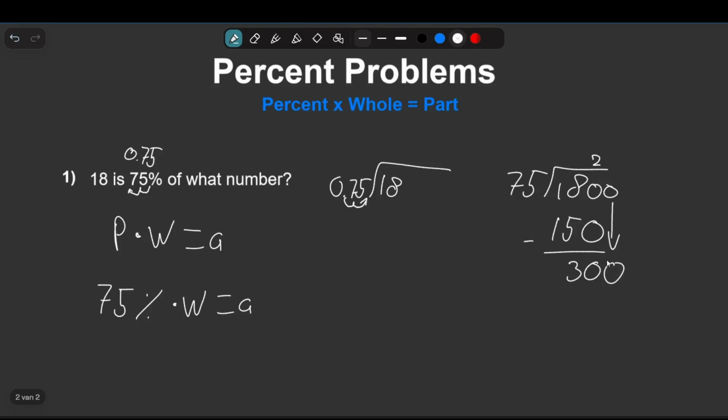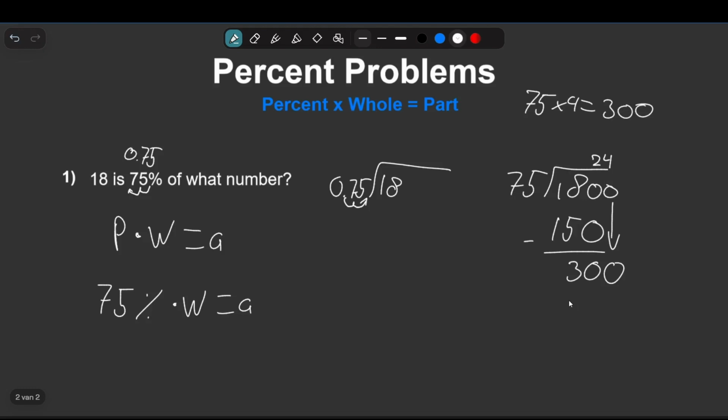Now we just repeat the process one more time and we will get to our final answer. So now we're going to see how many times 75 fits into 300. Well, 75 fits 4 times into 300, so you can write your 4 up here. Now we have to multiply. 75 times 4 will equal exactly 300.